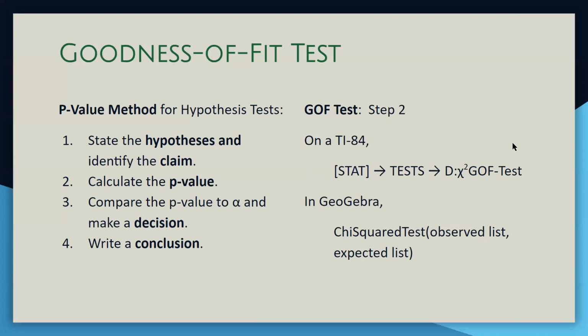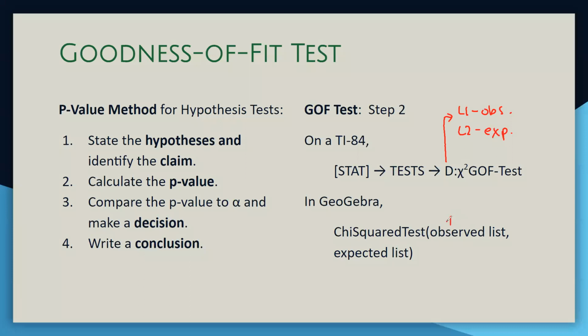So on the TI-84, you're going to need to put your data into lists before you call up that goodness of fit function. So for this, first, you're going to want to put list 1 as observed data. List 2 should be expected data.